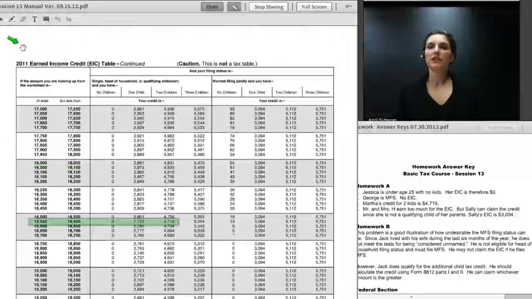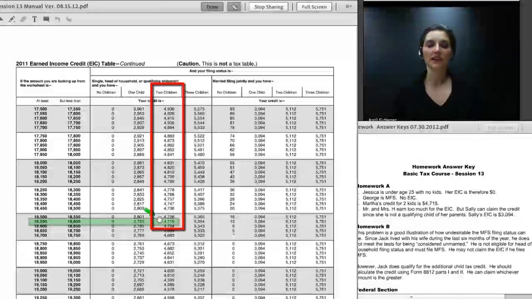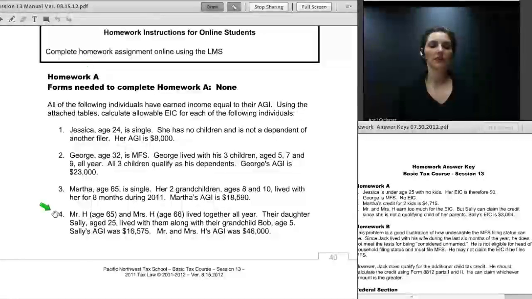So flipping to page 51 of the student manual, we will find that we're looking for a filer whose income is $18,590. That $18,590 is at least $18,550, but it is less than $18,600. So we simply follow this table across and we get the amount of earned income credit when there are 2 children, and that amount is $4,715.